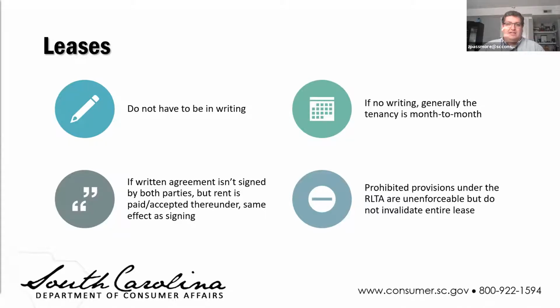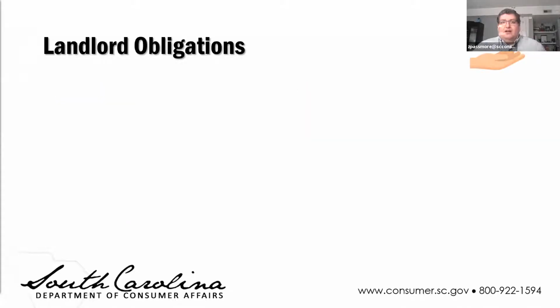So under the Act, it describes certain obligations that landlords must comply with. First, they are required to deliver possession of the premises. So they have to make sure that the premises or the unit or property is able to be transferred over to the tenant.